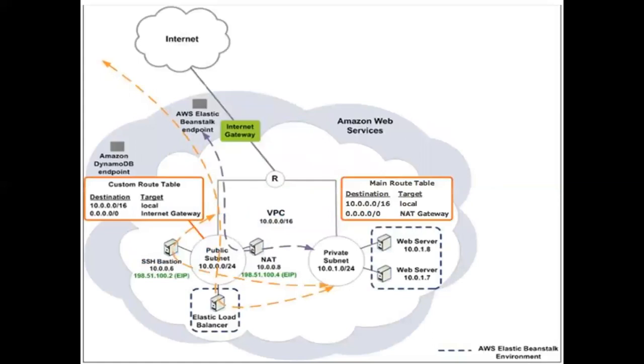So this is the architectural design. As you can see, we have the internet gateway. We have the NAT gateway here. Then we have a public subnet. Inside the public subnet, that's where we install our servers. So we make use of this IP address. We may also configure our own, but the IP address is just like a sample.